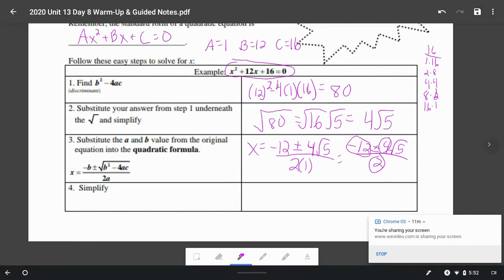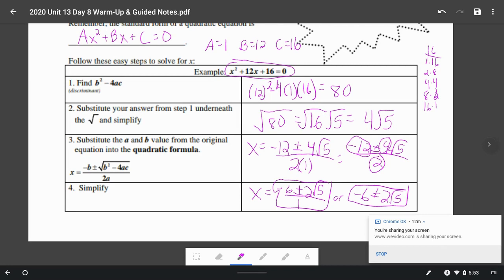So if they all divide by 2, I'd rewrite this as x equals negative 6 plus or minus 2 root 5, because if we divide it by 2, we get a 2 there, and then all over 1. We don't have to write the 1 if we don't want to. Some kids will ask that question, but we'd accept either one. They mean the same exact thing.